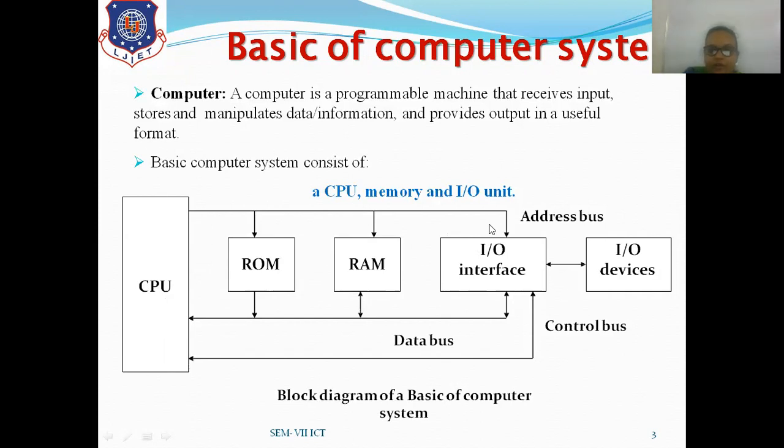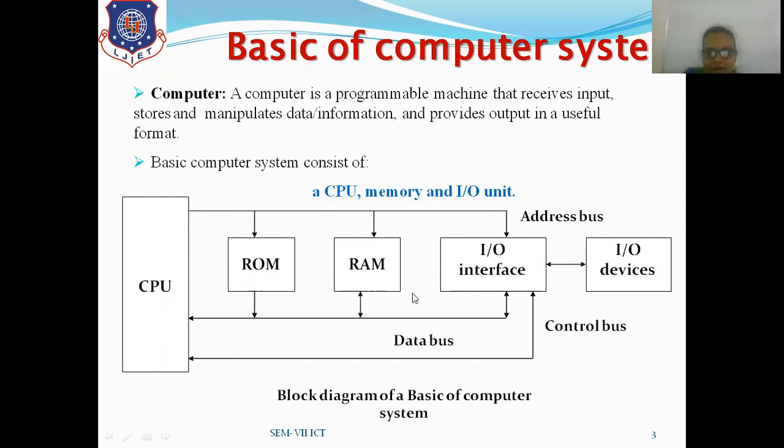Clear? Now, from whatever address is fetched, it will take the data, either from IO device, RAM or ROM, and then it will come through the data bus and go to the CPU. As you can see, for RAM and IO device, the data bus is bidirectional. Clear?